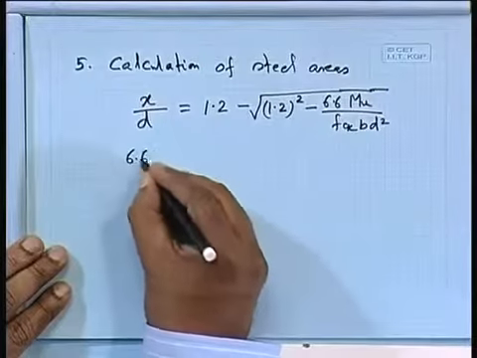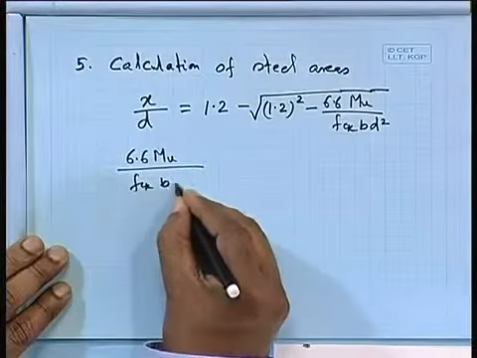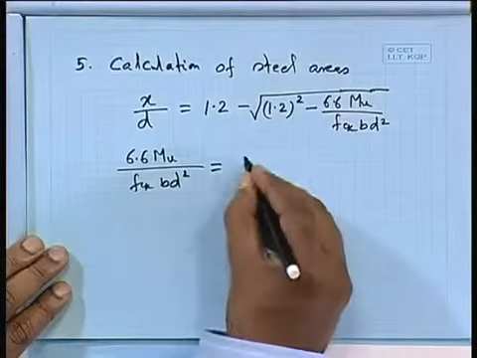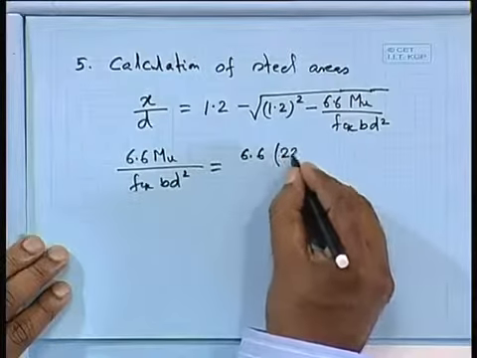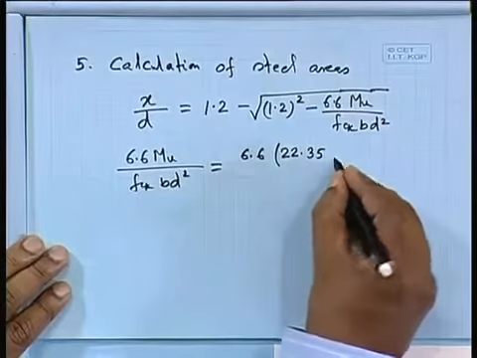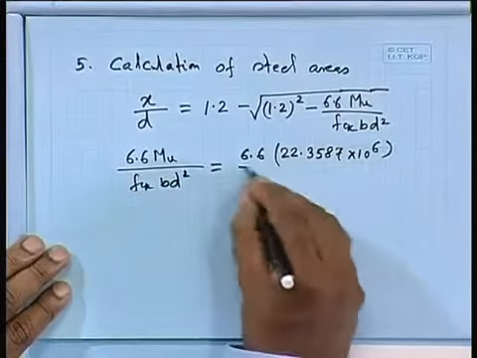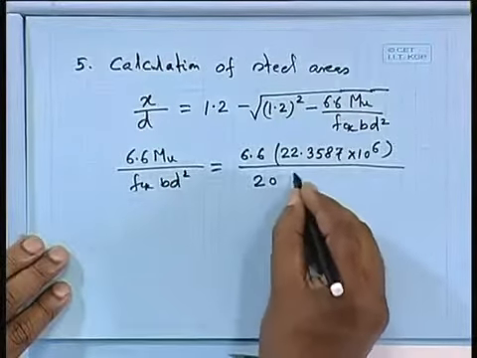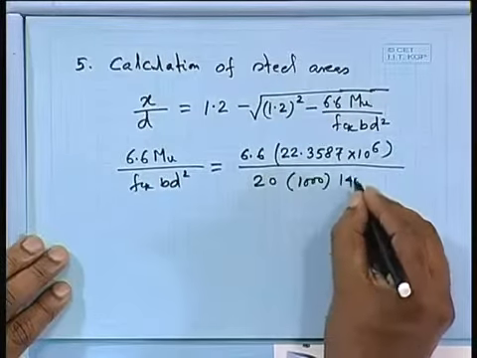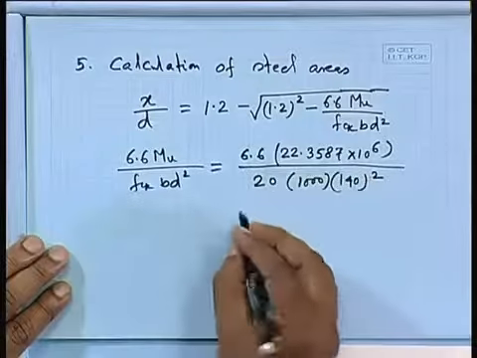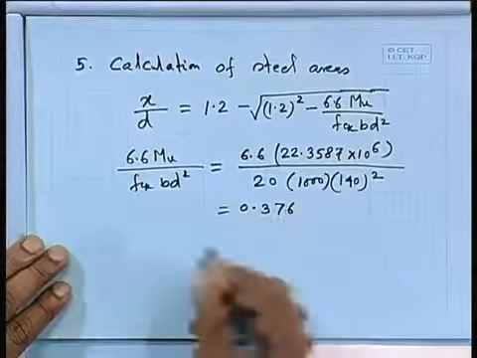So 6.6 Mu by fck b d square equals 6.6 times 22.3587 into 10 to the power 6 Newton millimeter divided by 20 times 1000 times 140 whole square, which comes as 0.376.